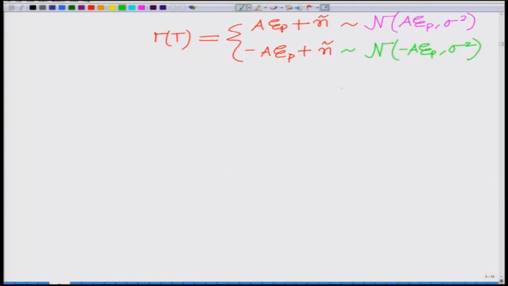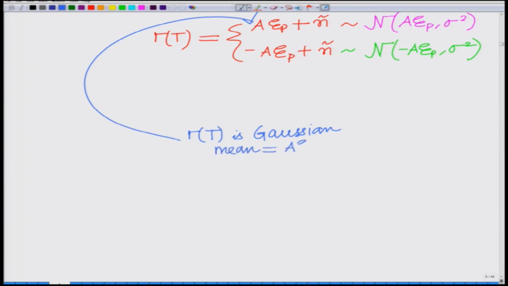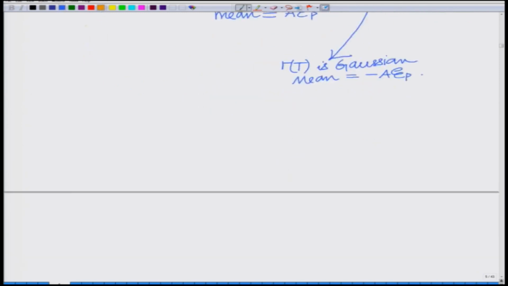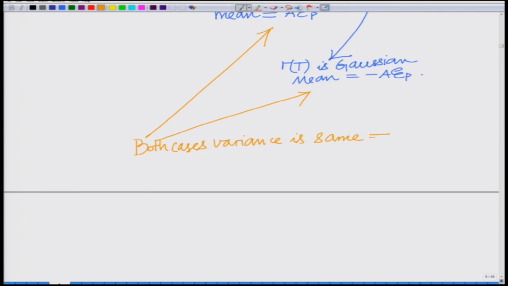So, let us note that. In this case, R(T) is Gaussian with mean equals minus A root E_p, and in both cases the variance is the same.